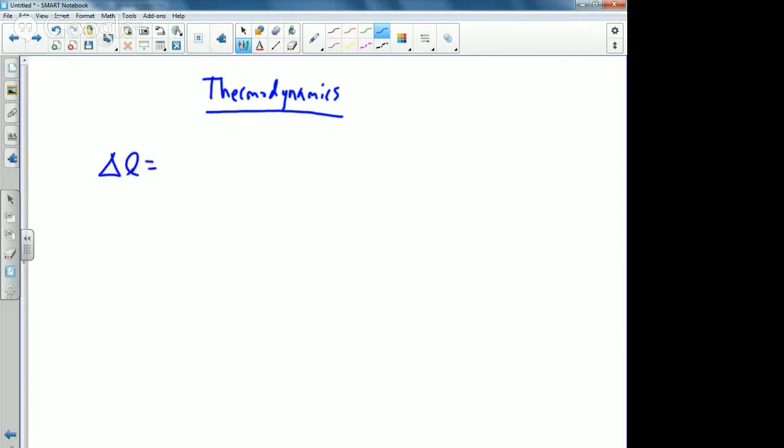Delta L equals alpha L naught delta T. This is thermal expansion. This never appears really on a part 2 question. It's really only a multiple choice question.